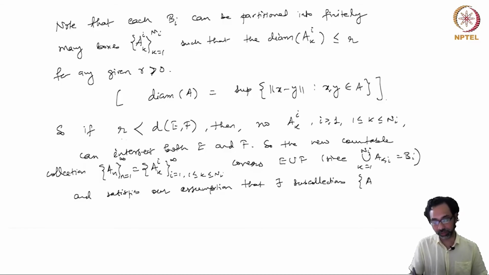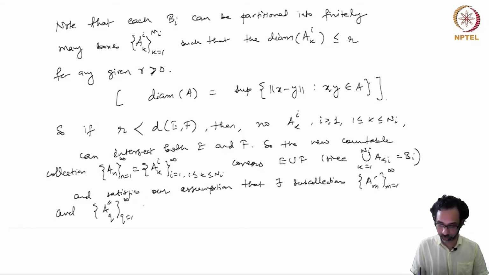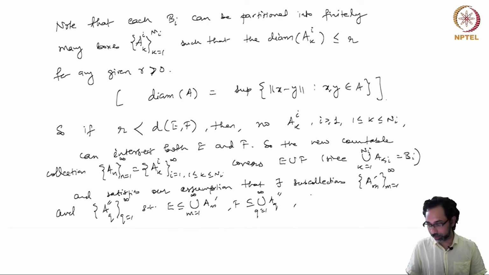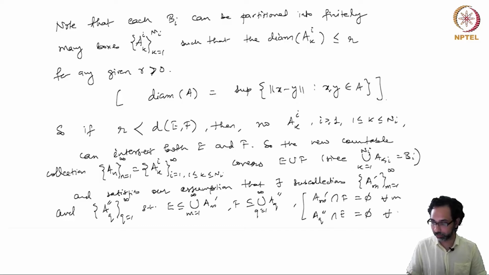So now we can break this collection of An's into two subcollections, Am prime and let's say Aq double prime, q equal to 1 to infinity, such that E is covered by the first collection and F is covered by the second collection, and it also satisfies that Am prime intersection F is empty for all m, and Aq double prime intersection E is empty for all q.